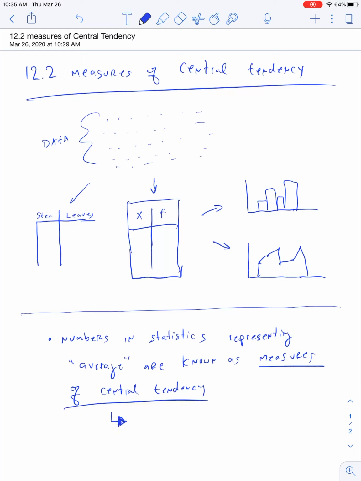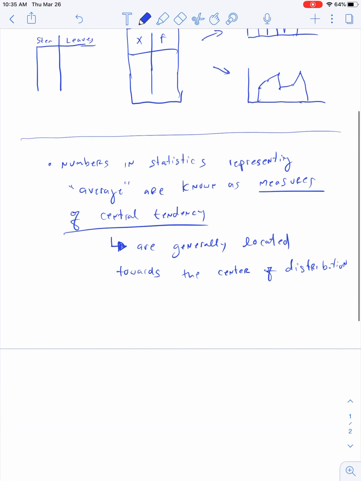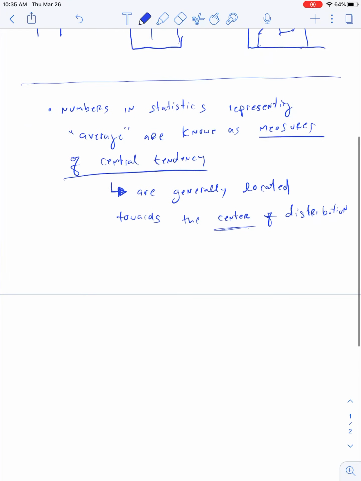These measures of central tendency are generally located towards the center of a distribution. And that's really important to understand. Let's take a look at a frequency distribution table.